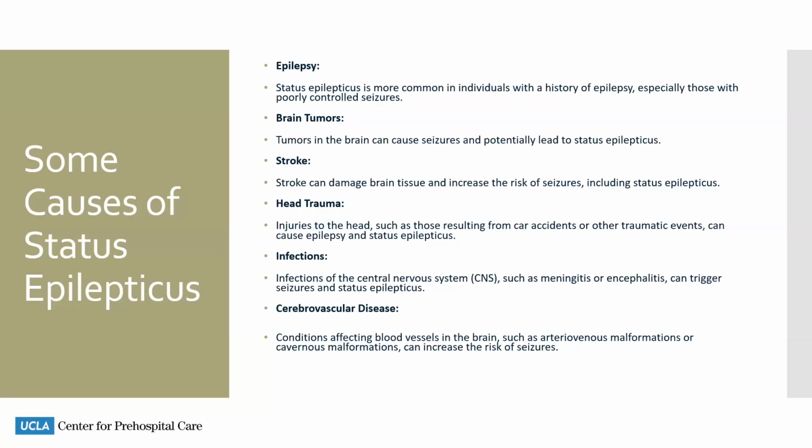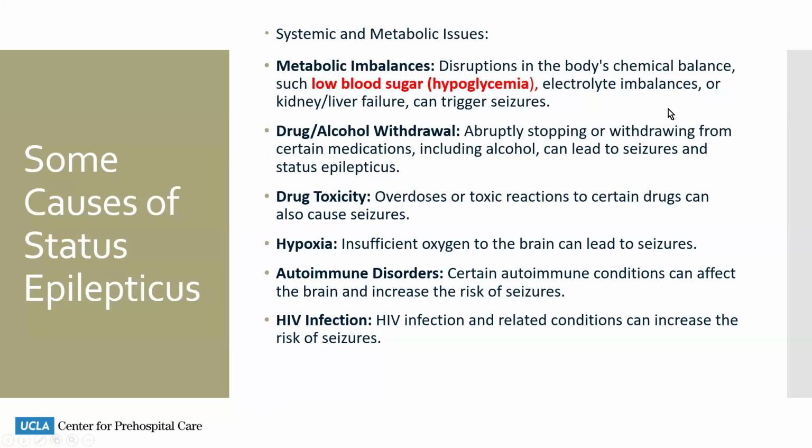And then you find out, oh, yeah, I have this malformation, called AV, arteriovenous malformation, and you can bleed from that, it can be occluded, and then of course you would have a seizure. Hopefully you'd have a seizure before you go all the way out. So metabolic imbalances like we just talked about, low blood sugar, drug alcohol withdrawal, drug toxicity, hypoxia, autoimmune, and HIV infection.